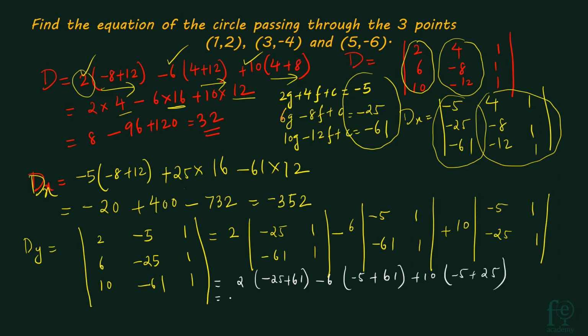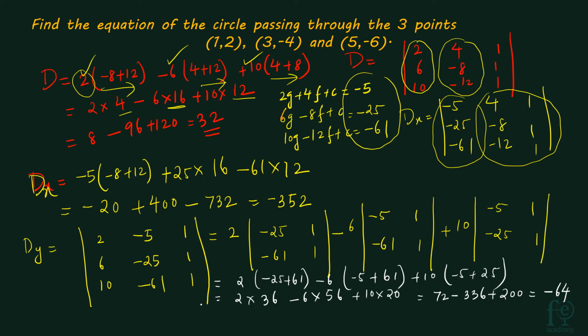So it will be equal to 2 into 36 minus 6 into 56 plus 10 into 20, which will be giving you 72 minus 336 plus 200 is equal to minus 64. So minus 64 will be dy.